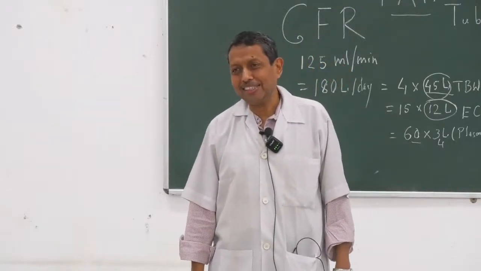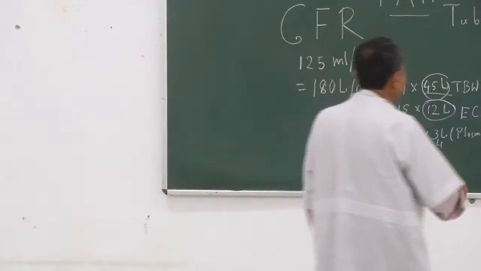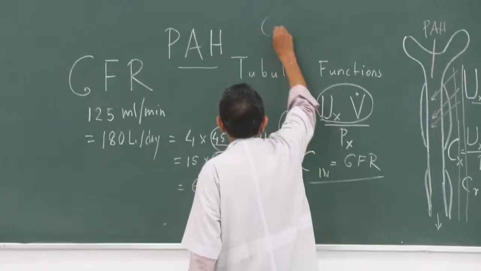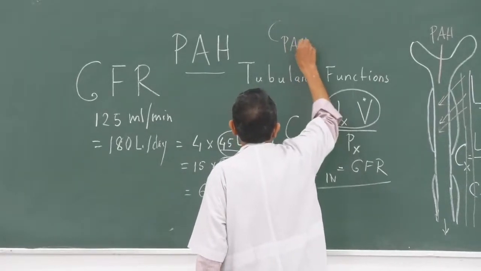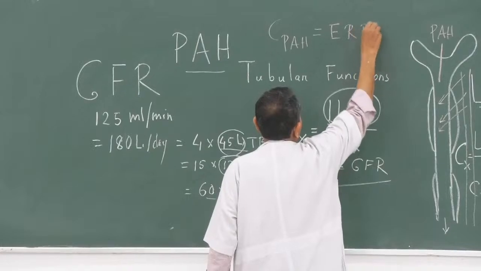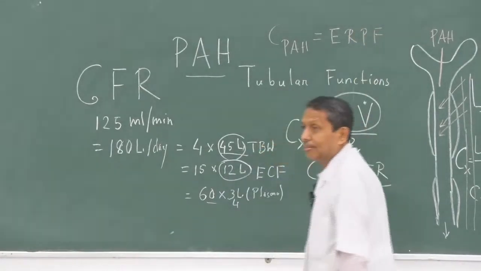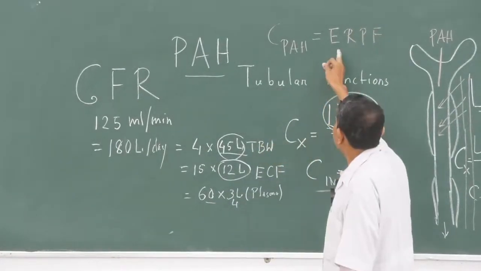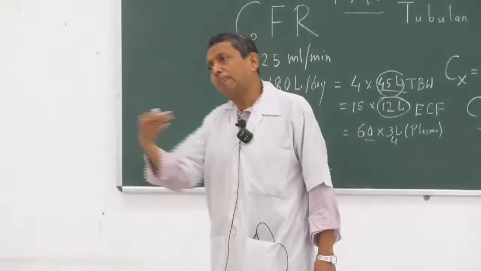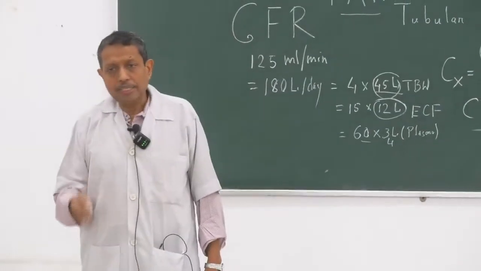So, clearance of PAH: renal plasma... but when it is divided by the extraction ratio, normally 90% is extracted, only 10% remains.